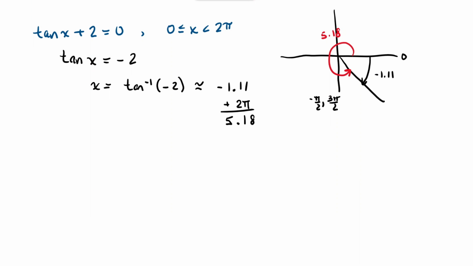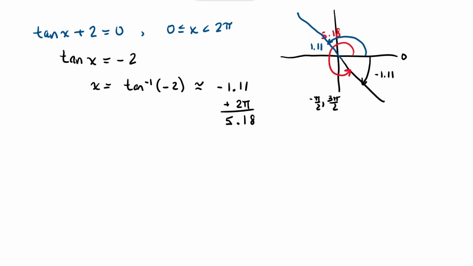Now the question is, what is the other solution? Well, the value of tangent has to be negative in this problem. So that means that the other angle has to appear in quadrant 2. It terminates in quadrant 2. And we know that the reference angle for that particular angle, or that solution, is 1.11.